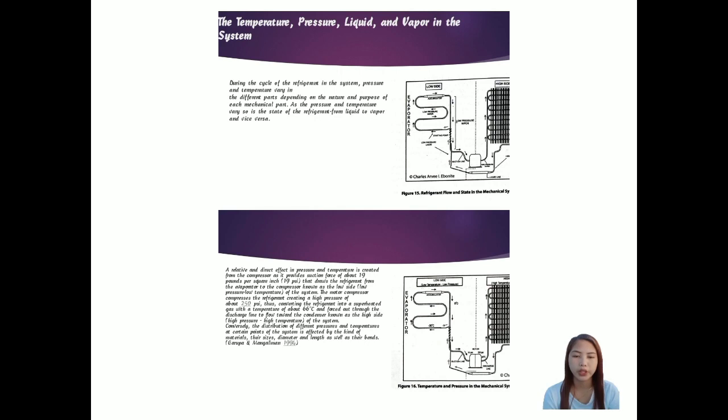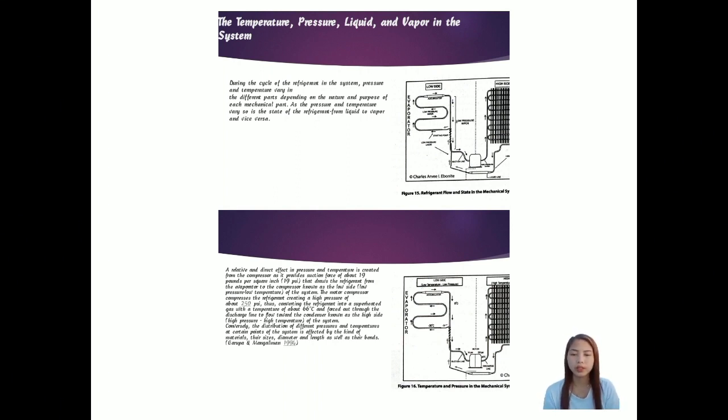And the next is the temperature, pressure, liquid, and vapor in the system. During the refrigeration cycle, the system pressure and temperature vary in different parts depending on the nature and purpose of each mechanical part. As the pressure and temperature vary, so does the state of the refrigerant, liquid to vapor or vice versa.